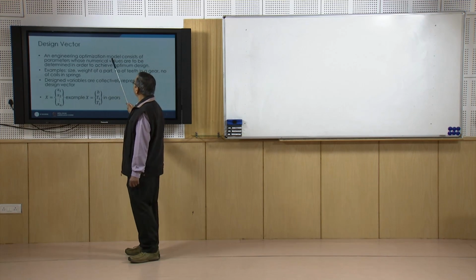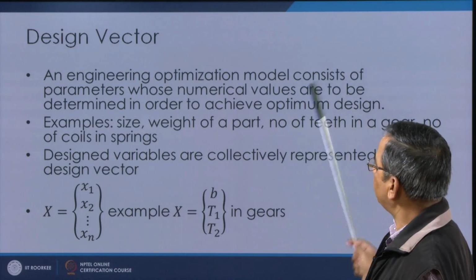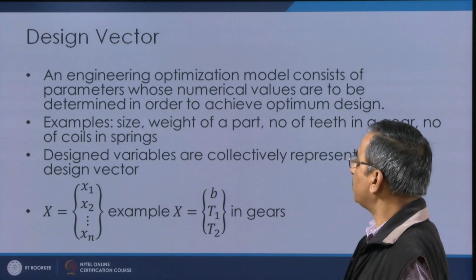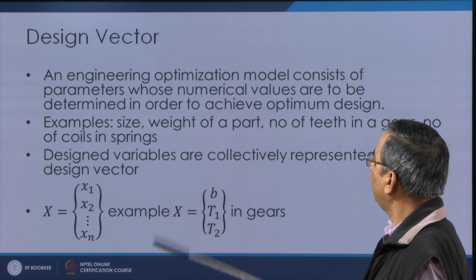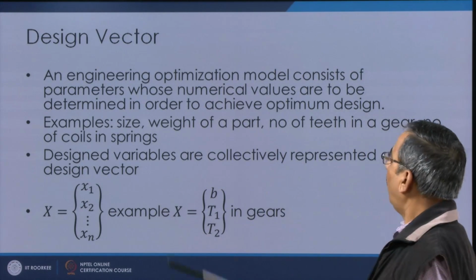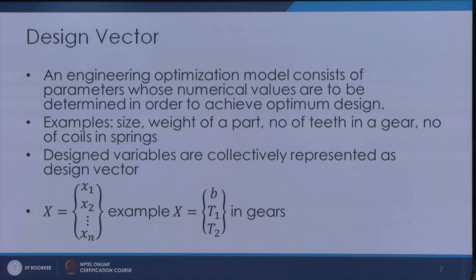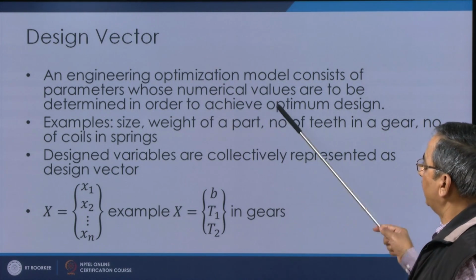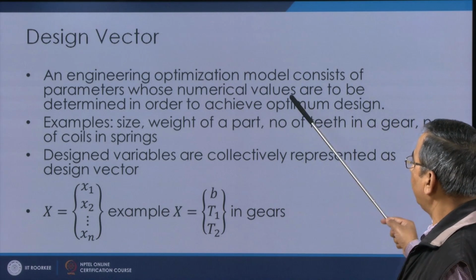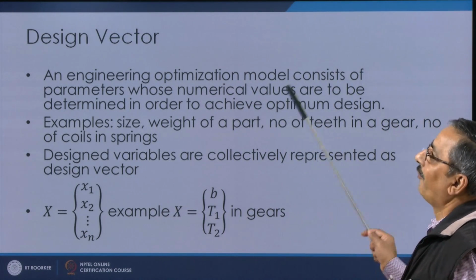An engineering optimization model consists of parameters whose numerical values are to be determined in order to achieve the optimum design. These parameters are what we call the design variables.